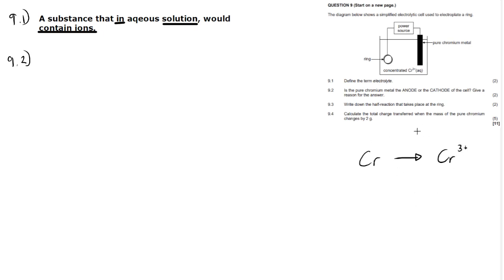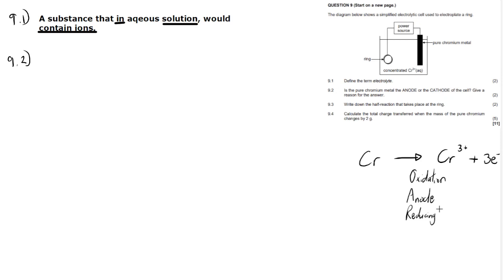Are we gaining or losing electrons? We are definitely losing 3 electrons in this case. Right. So oxidation is loss, and so oxidation is taking place at the chromium metal, but that is also called the anode, and it is also called the reducing agent.